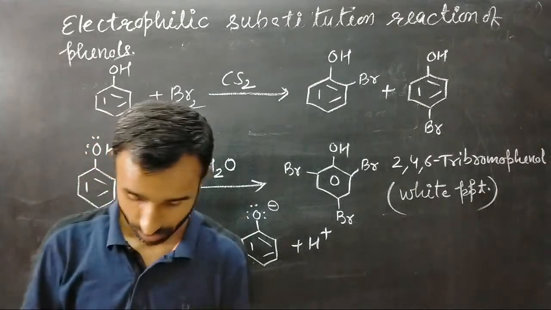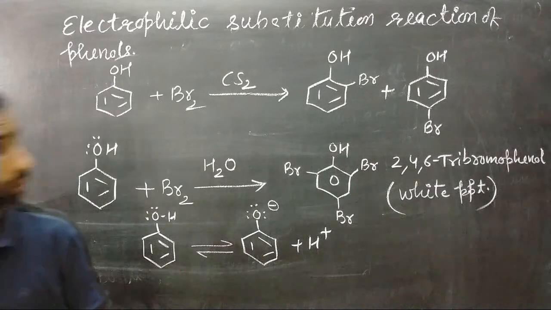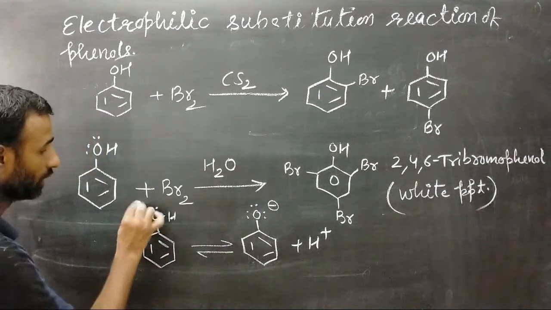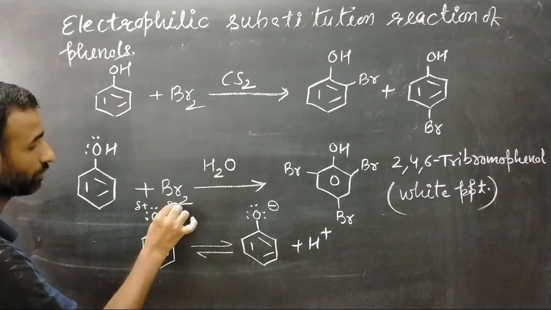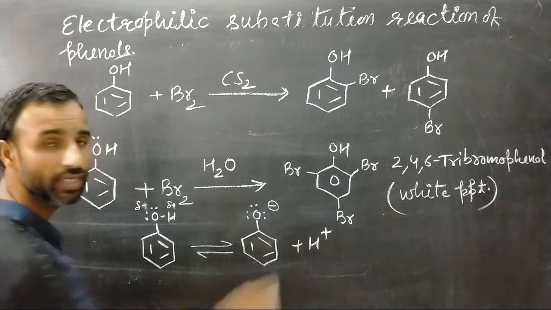Very good, Sahil, phenoxide ion is more polar than phenol, because phenol has partial positive and partial negative charges, while phenoxide has a complete negative charge.